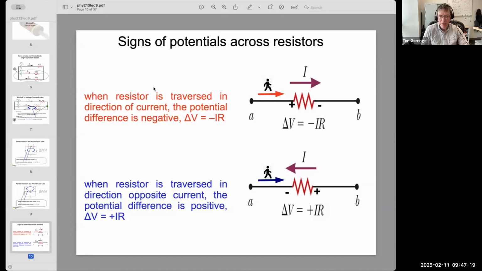Signs crop up in applying the voltage and current rules when you cross a resistor in a circuit, because you could either go up or down in potential. They also come up with the batteries, because you could either walk from the positive terminal to the negative terminal or vice versa for the battery. So we've got to get the signs right.